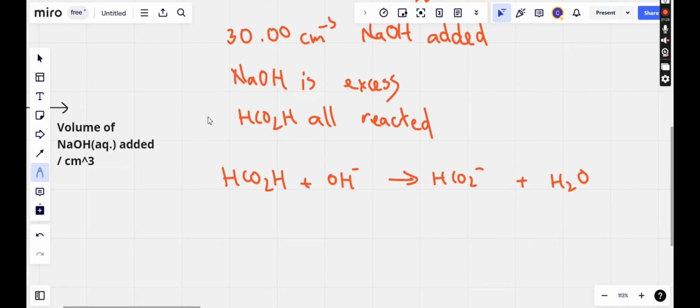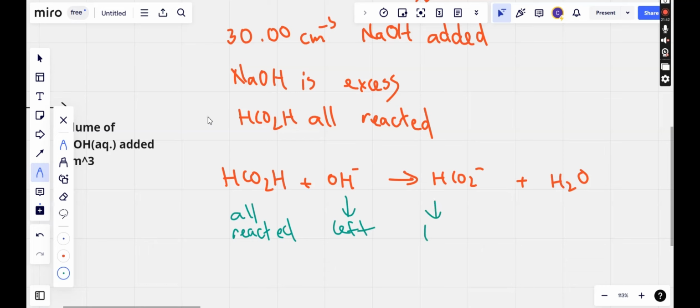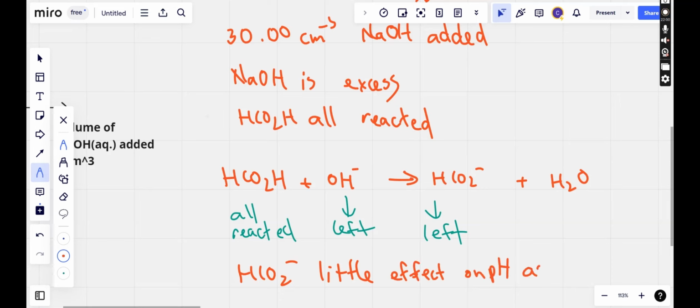So what you have left at the end, once all has reacted, is OH⁻ and HCO2⁻ in the equation. But at this stage, the conjugate base, HCO2⁻, has little effect on pH as compared to OH⁻.